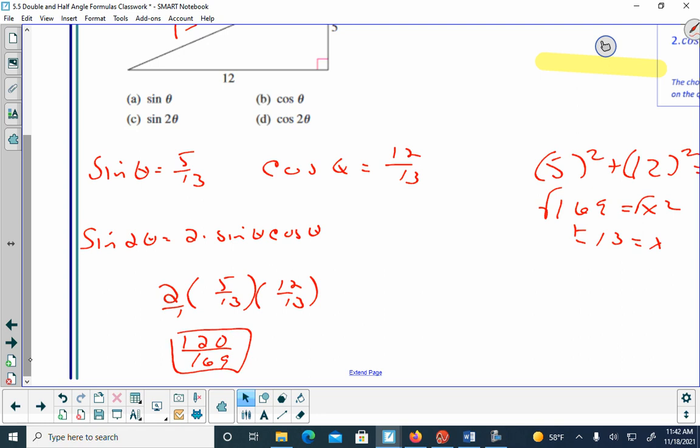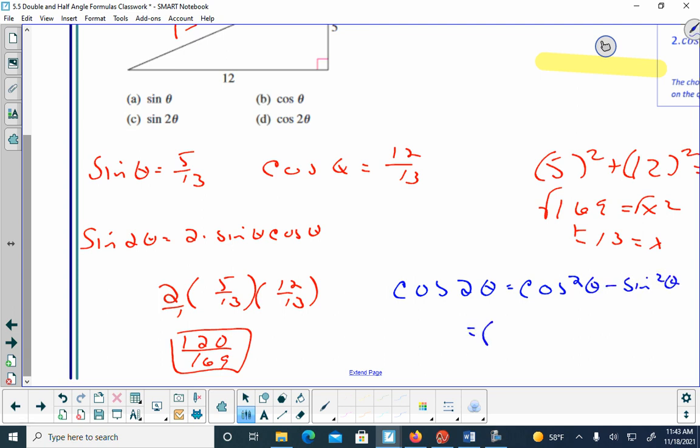Everyone good with that one? All right, when I go to do the next one, I have 3 choices that I can use. Since I already have both sine and cosine, I'm just going to stick with the one that has cosine squared minus sine squared. So cosine 2 theta is equal to, I forget it now, is it cosine first? Yes, cosine squared minus sine squared.